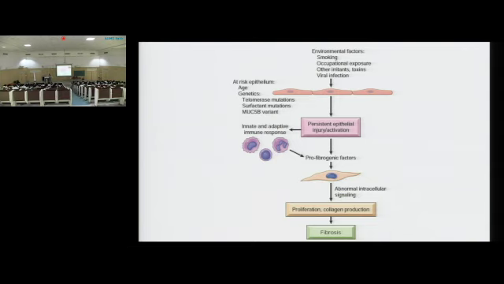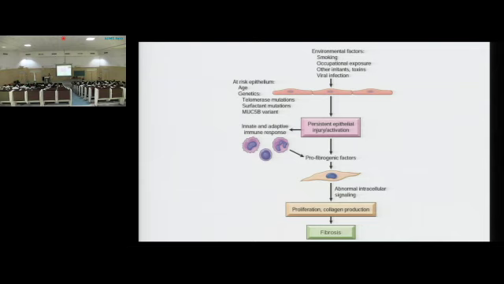Other factors also contribute, that is genetic factors. As I told you, there may be telomerase mutation, surfactant mutation and MUC5B variants also. So all of these lead to persistent epithelial injury. Due to chronic exposure, these patients will have epithelial injuries.